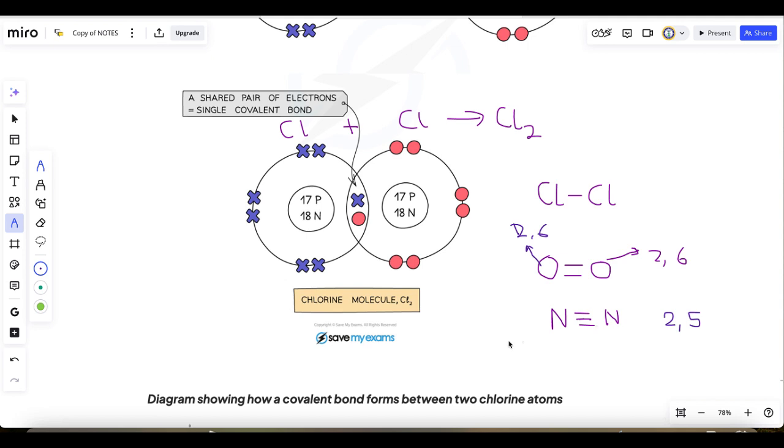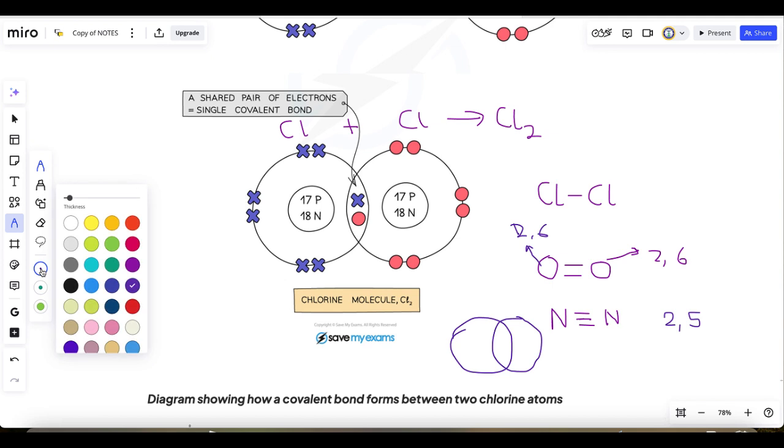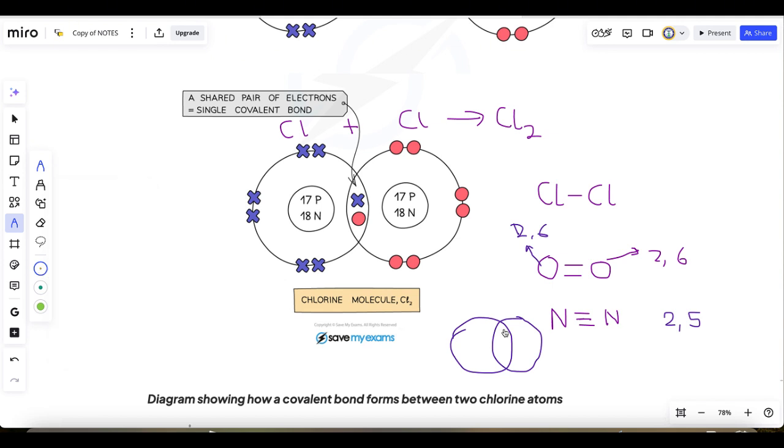Okay? So if I'm doing the outer electrons of nitrogen, let's say this is the bonding in nitrogen atoms to form a nitrogen molecule. Let's say I use crosses for this side.